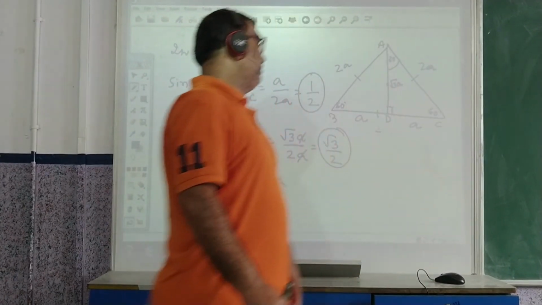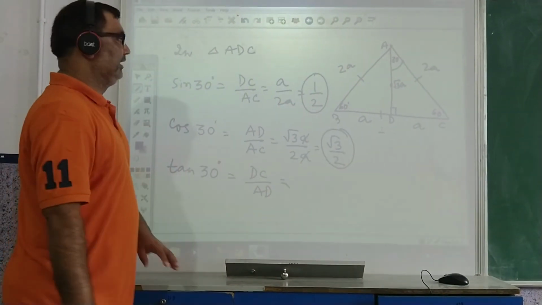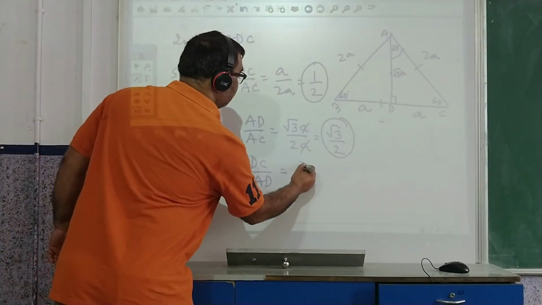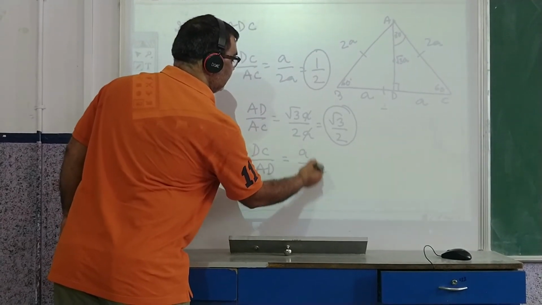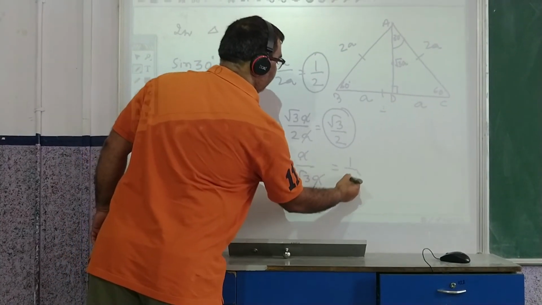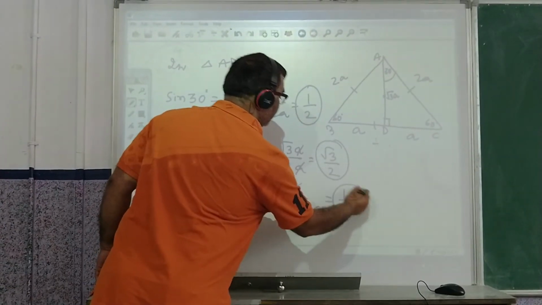So P by B means DC by AD. DC is A. So A by root 3A, A cancels. What is left? 1 by root 3.